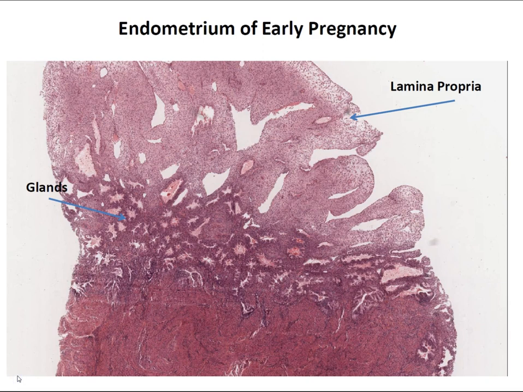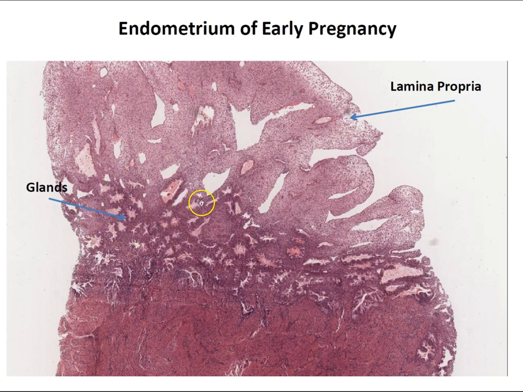Here you are looking at the endometrium of early pregnancy and a portion of the myometrium. The endometrium is lined by a simple columnar epithelium with a mixture of secretory and ciliated cells. The simple columnar epithelium invaginates into the underlying lamina propria, forming these uterine glands.